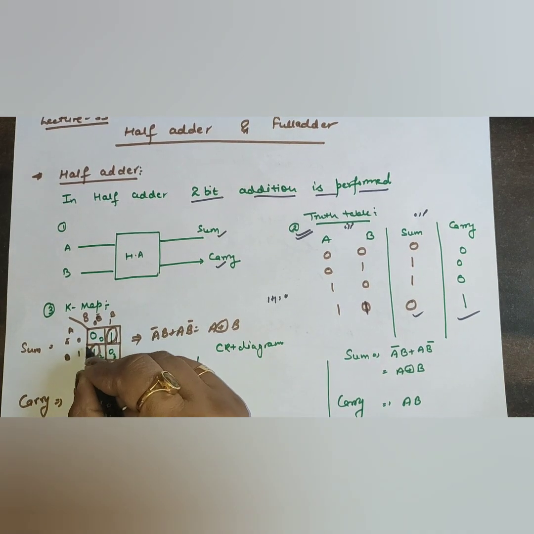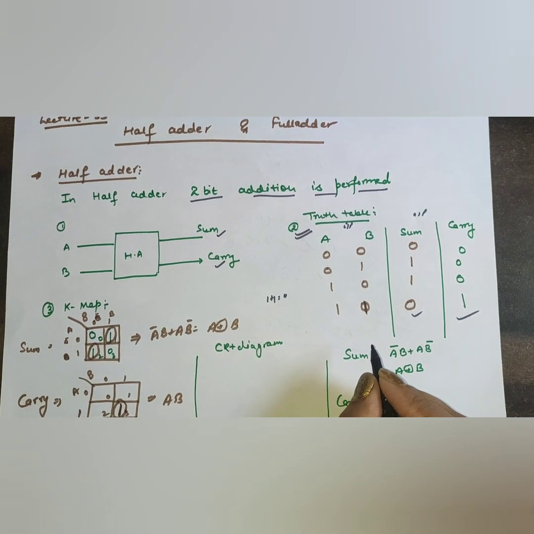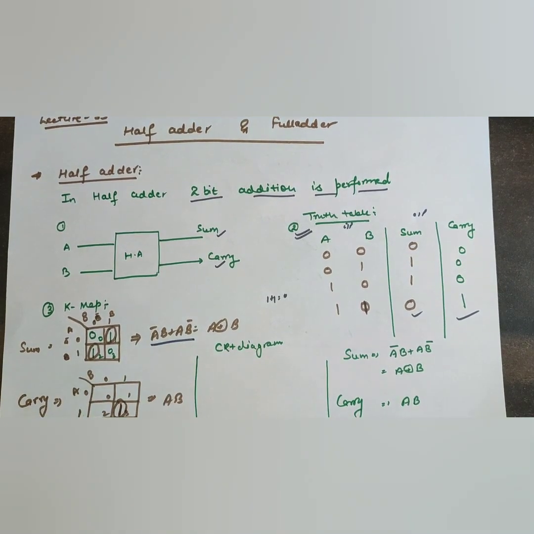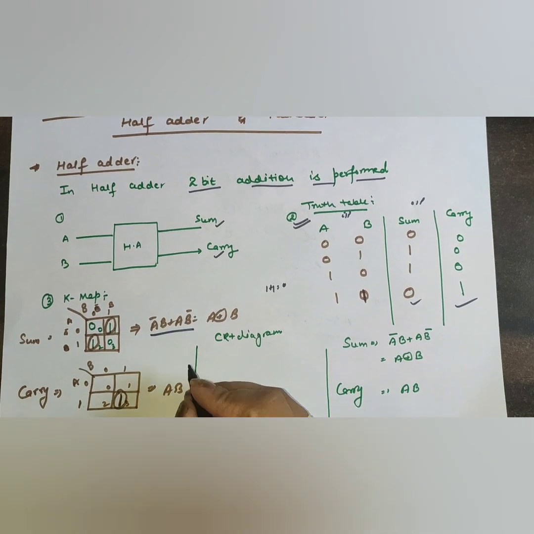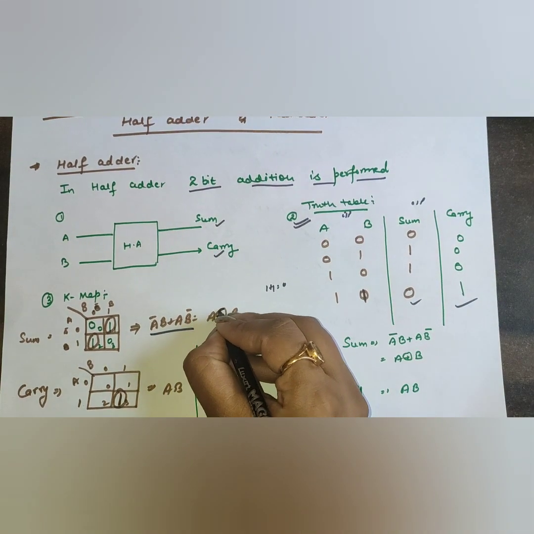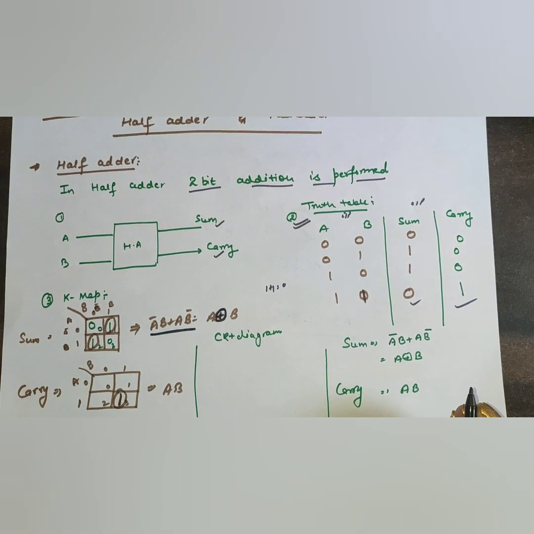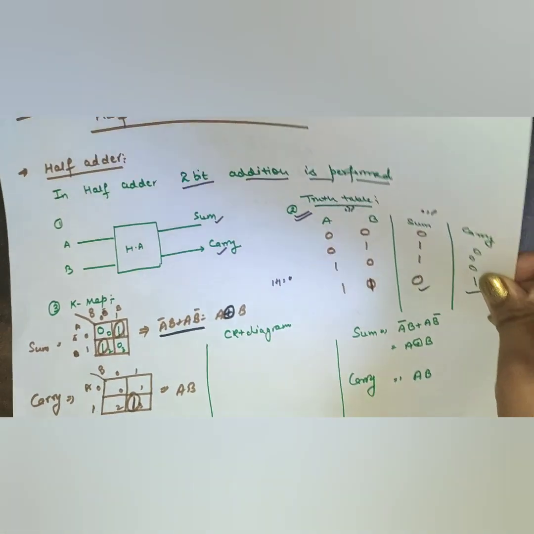When we solve this K-map, we get the equation A bar B plus A B bar. You know how to write the equation from a K-map. So that is A plus B with a circle, which is the expression of XOR. You can check, this is the expression of XOR. So sum is A XOR B. Now we will write the K-map for carry.